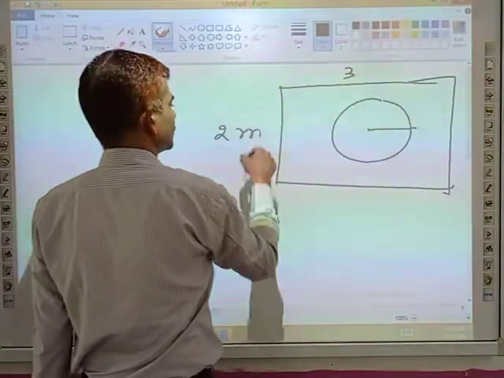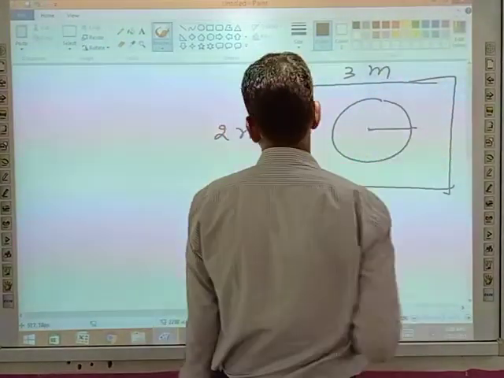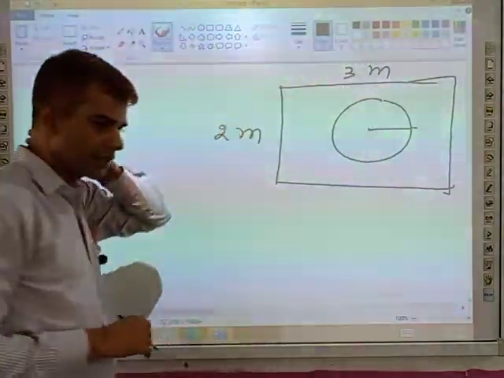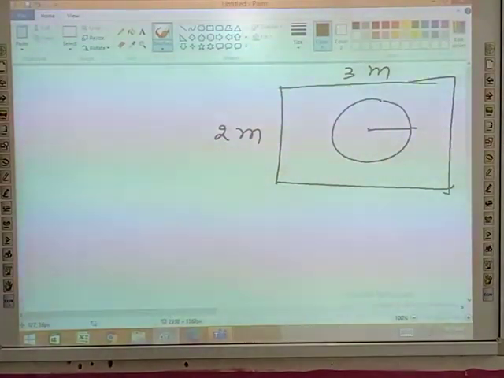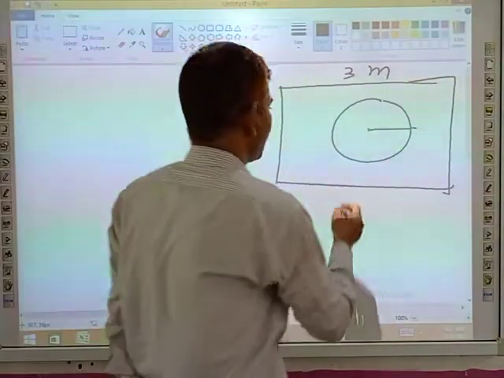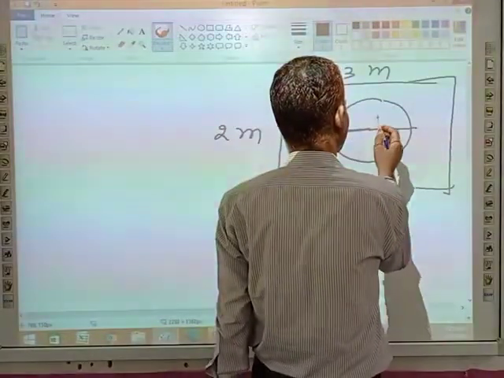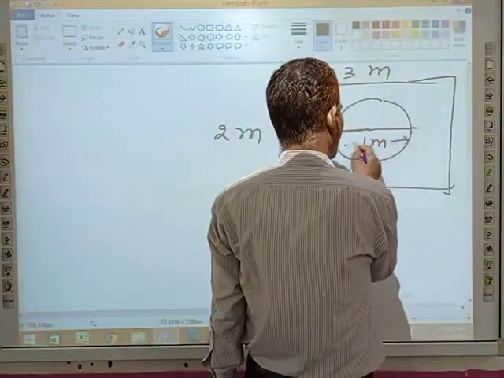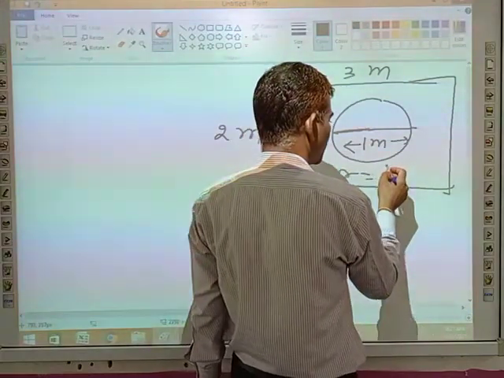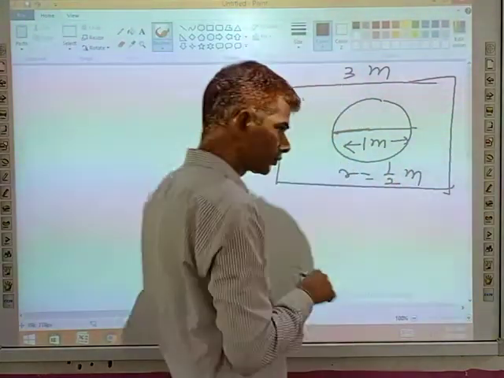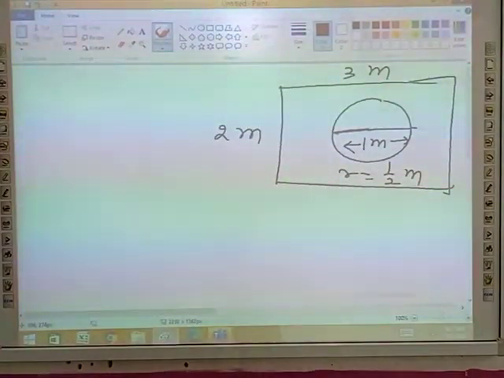So why convert to centimeters? Now diameter is 1 meter, so radius will be 1 by 2 meter, 0.5 meter. Suppose you drop a die at random on the rectangular region drawn in the figure. What is the probability that it will land inside the circle with diameter 1 meter?